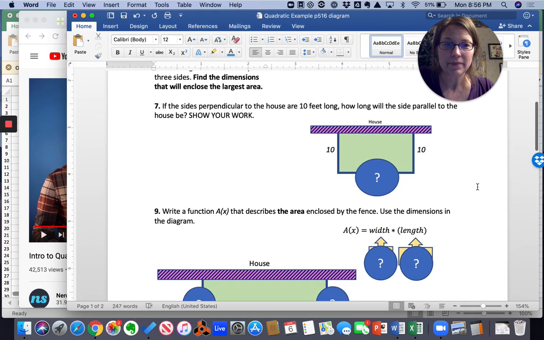So number 7, if, for example, we make the width of this thing be 10 feet, how long will this length, this side parallel to the house, be?